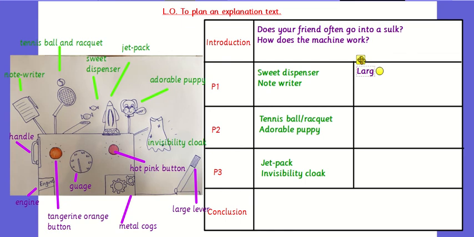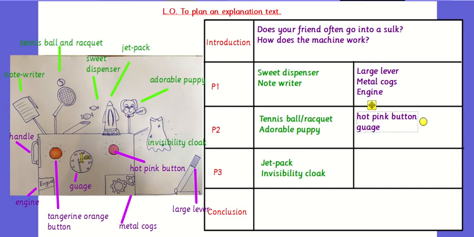So it's important that I put those in the first paragraph because they are important to start my machine working. So I am going to have the large lever, the metal cogs and the engine in my first paragraph. In my second paragraph, I am going to have the hot pink button and I am going to have the gauge.